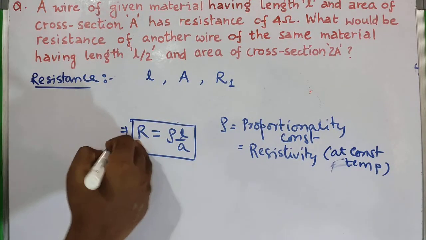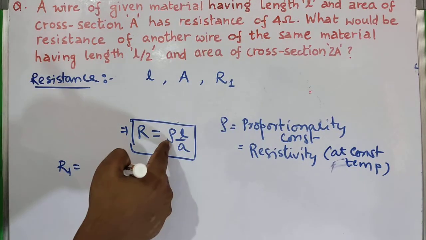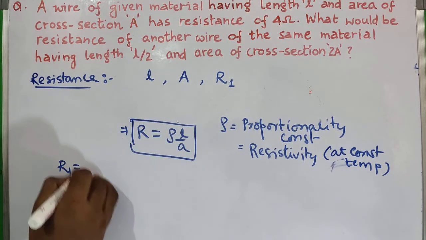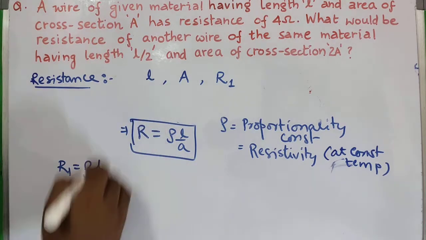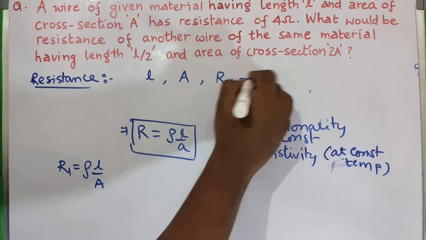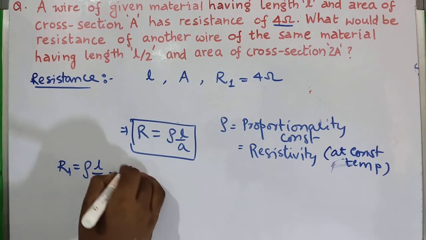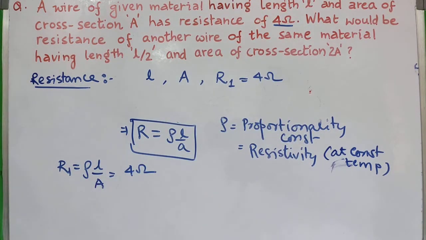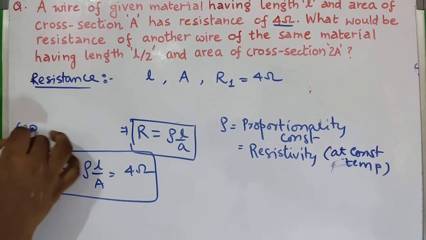So what can I write here? R1 is equal to, nature of material, let us call it rho, length is L, area of cross section is A, and this value is equal to 4 ohms, right? So this is for case 1.